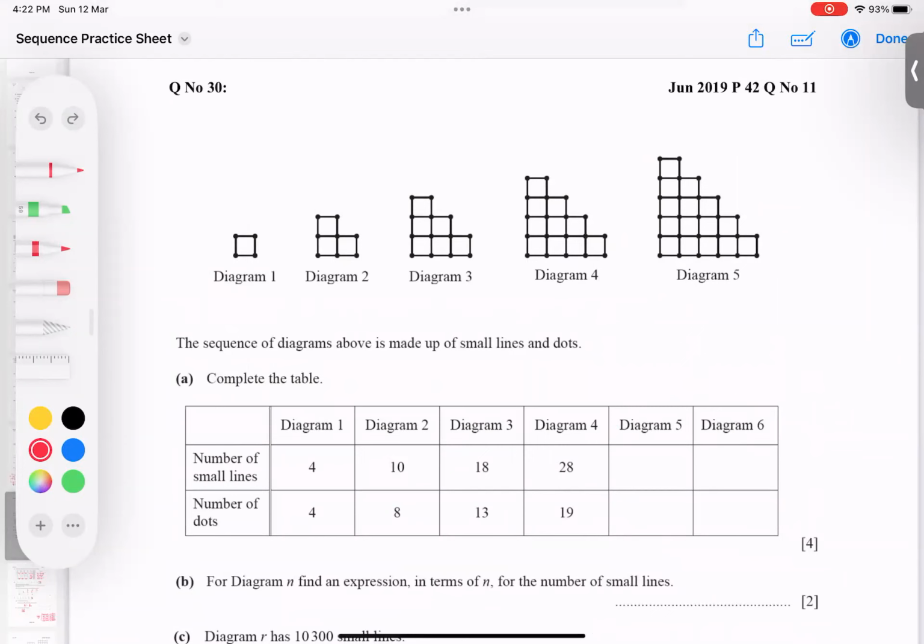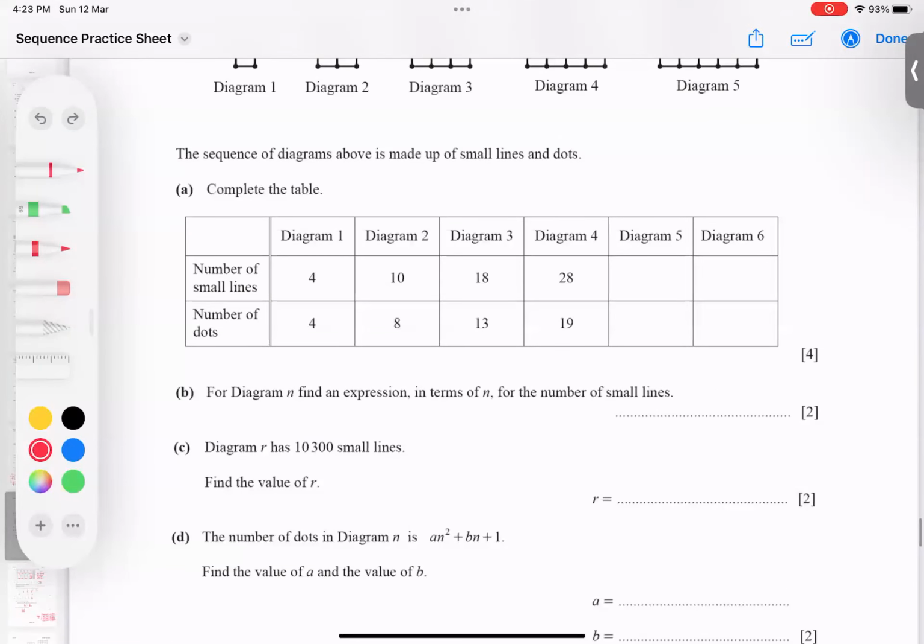So the best choice is to find the nth term of the number of small lines and the nth term of the number of dots, and then you can plug in 5 and 6 and get the answer easily. This is time saving.